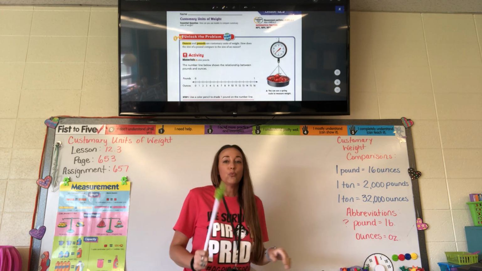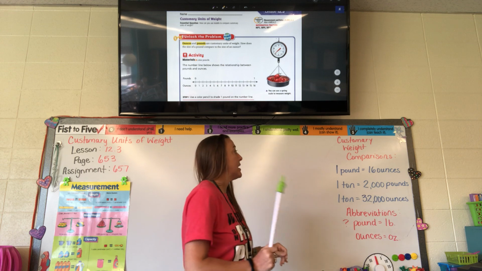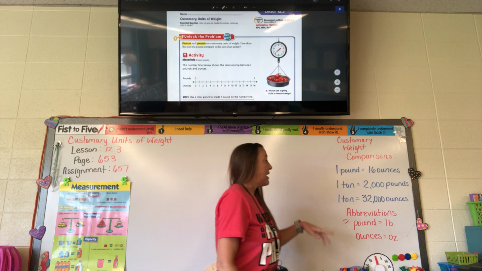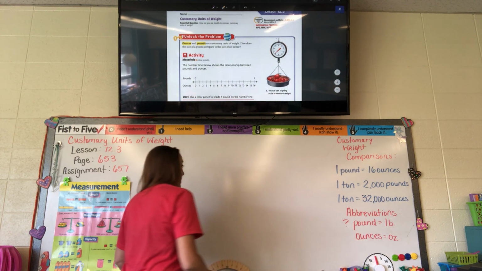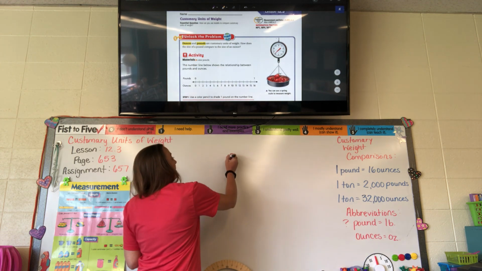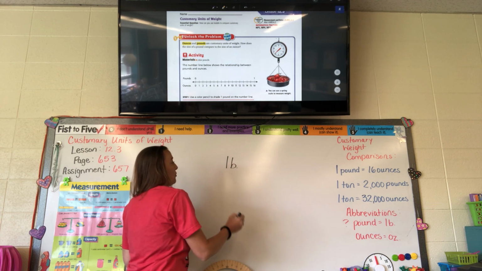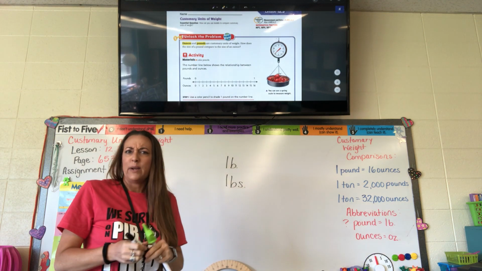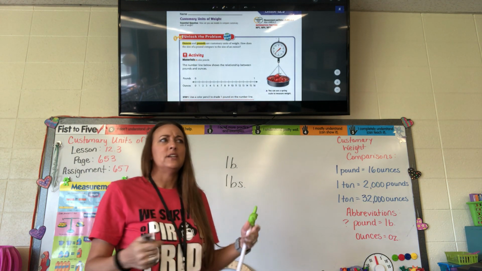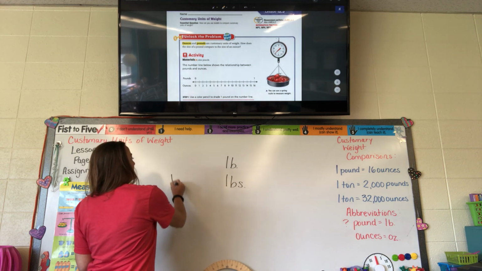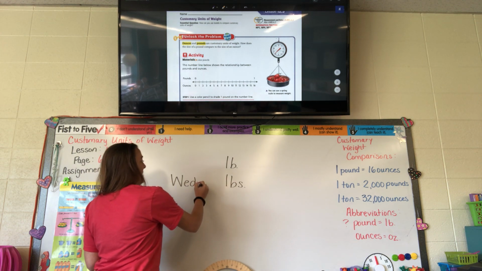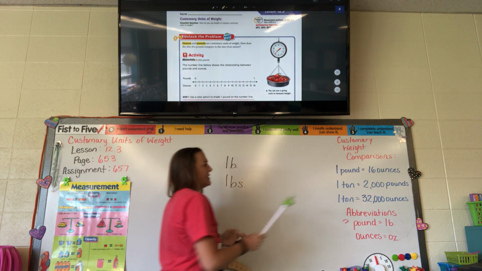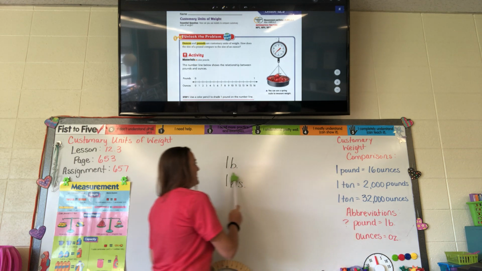Okay, so real quick, abbreviations. Instead of writing out pound and ounces every time, the abbreviation for pound is LB, or for pounds is LBS. And that's weird, right? Because normally abbreviations, like an abbreviation for Wednesday is WED, it's the shorter part of the word. So why is it that the abbreviation for pounds is LB?